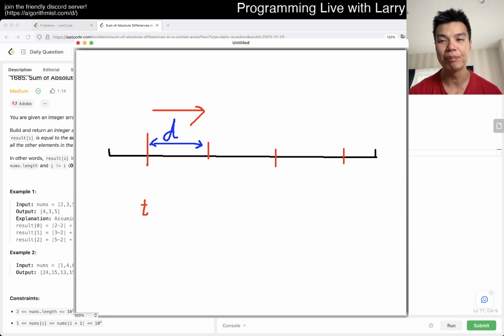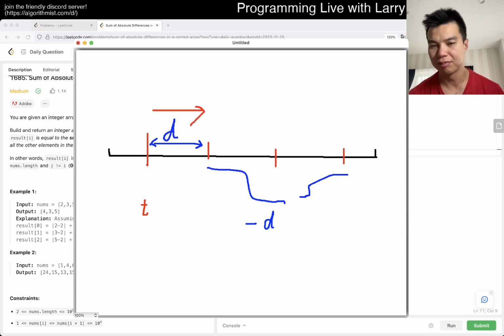Because you're going from left to right, all the elements to the right are going to subtract d each. So that's just the number of them multiplied by d, and then subtract it. And everything to the left, we add d, right?